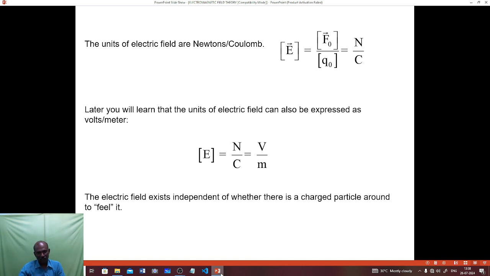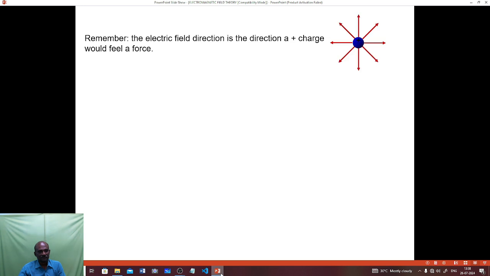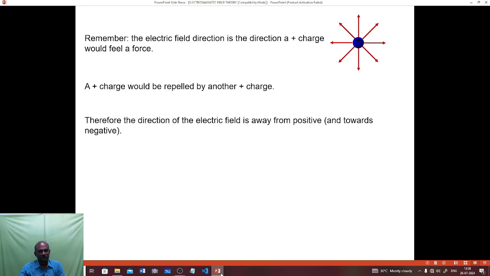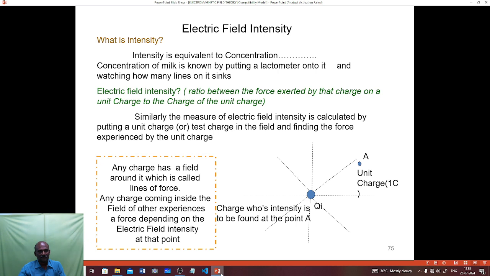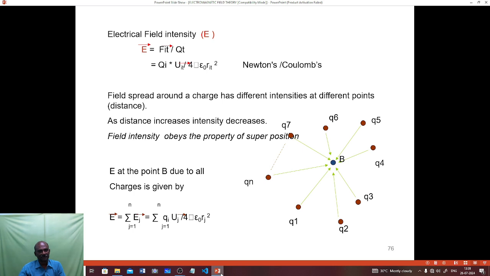In other words, it is volt per meter. Later we are going to see what is 1 volt. So the electric field is the force exerted on a unit charge.